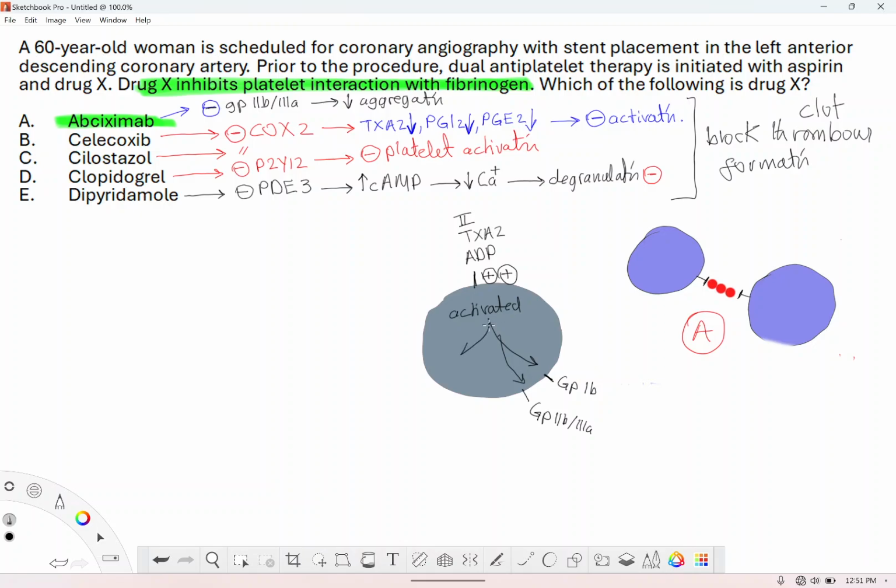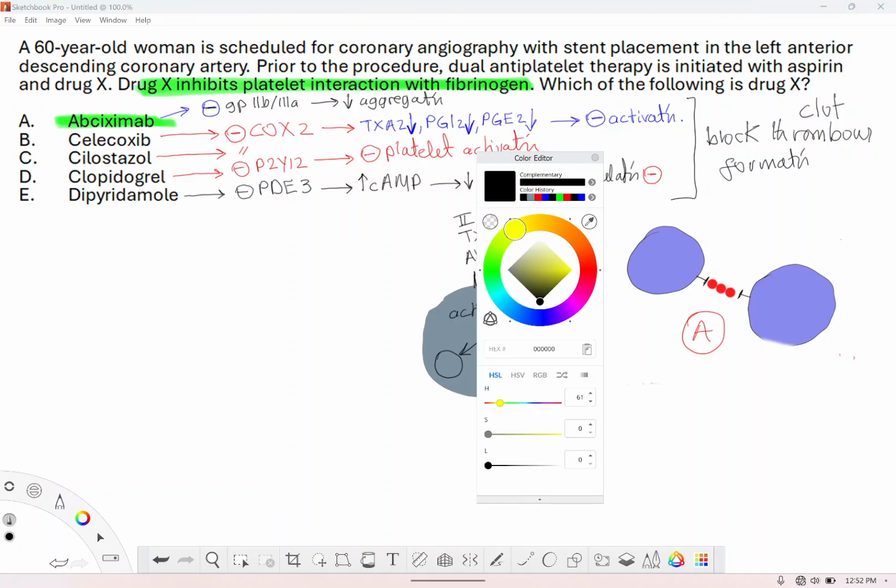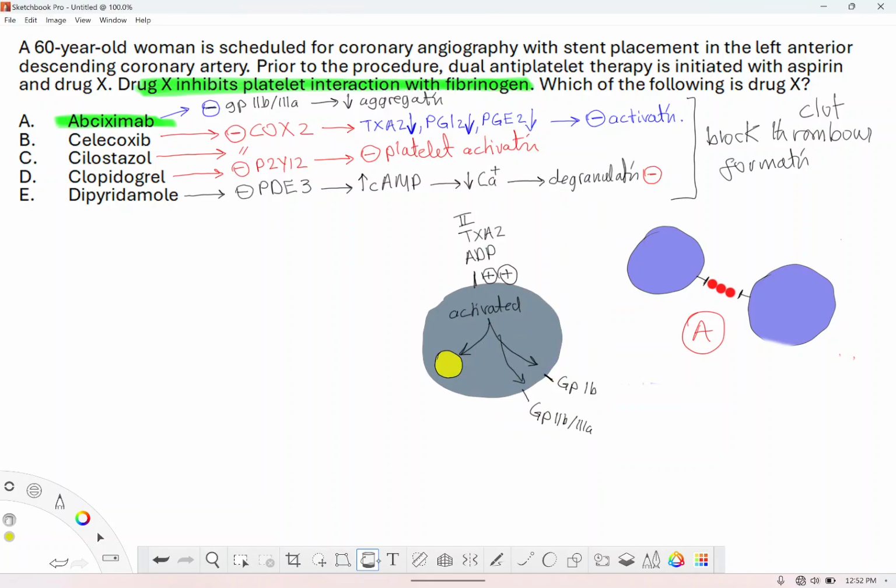The next way of activation is if there is a granule. Let's see if I can change the color. Let's say the platelet granule is yellow. So this granule, whatever it has within it, let's say within it has serotonin. So this platelet vesicle will have within it serotonin.